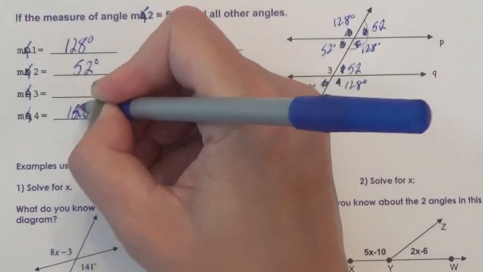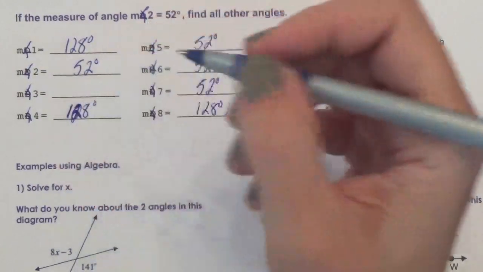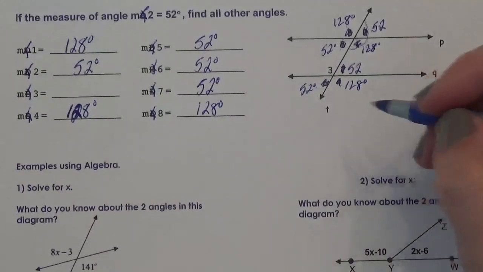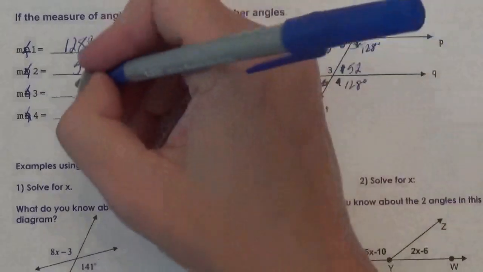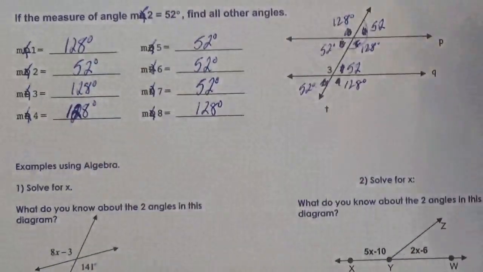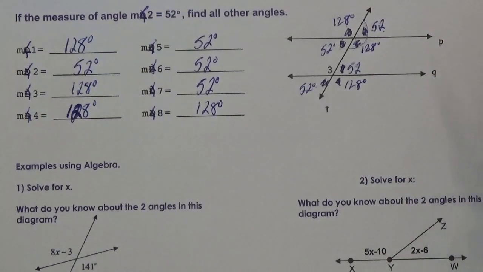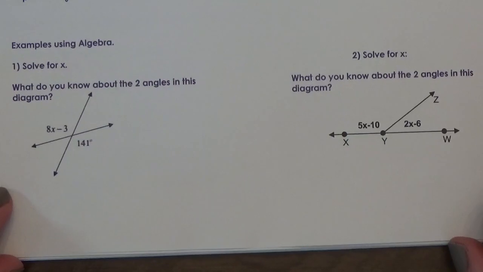Oh, this is why you don't use pen. I used pencil, but it was making a scratchy noise on the video, so I've been using my trusty blue pen. And then angle 3 would also have to be 128. So really, you only need one angle, and you can find all the other ones using everything we know from last week and this week.